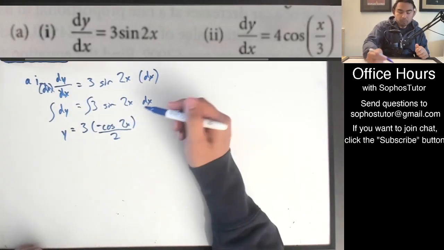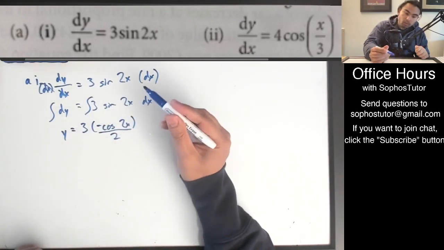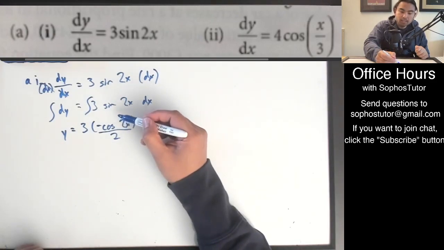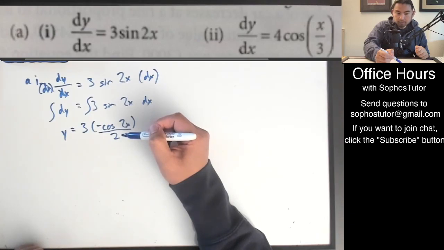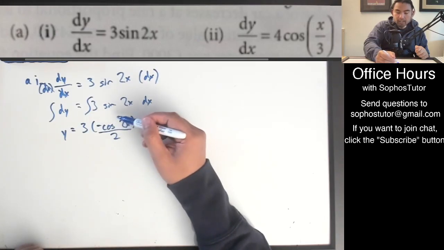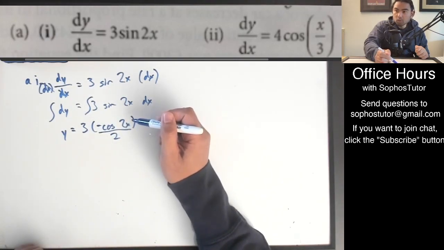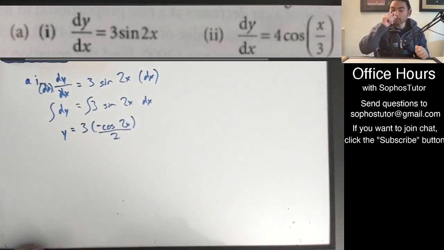To show that, if we took the derivative of this function, we would get 3 over 2 times the negative sine of 2x, canceling out the negative, times 2 because of the chain rule, which cancels out the 2, and we get 3 sine of 2x.